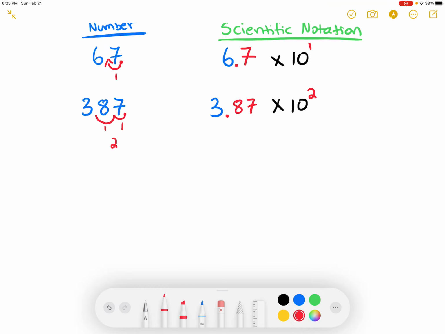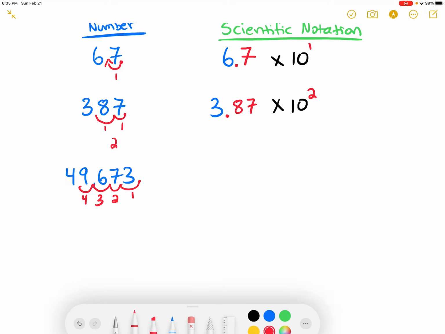Let's try a bigger number. Let's try 49,673. How do I write that in scientific notation? Well, I start here at the back and I say, okay, how many times do I need to move my decimal over to be right behind the first number? That's going to be 1, 2, 3, 4 times.